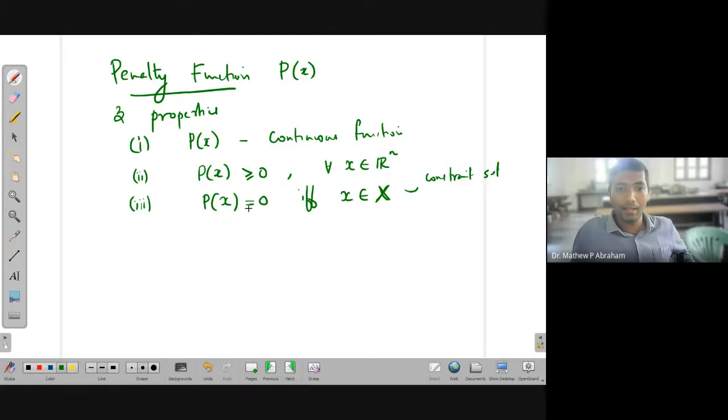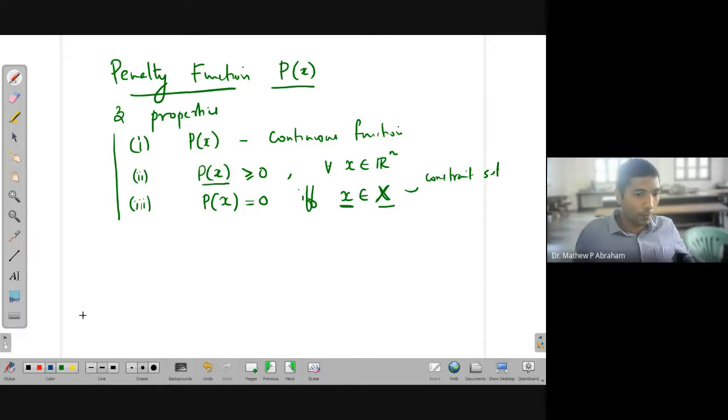Otherwise it can be positive. If x is outside the constraint set, it can be greater than 0. The penalty function cannot take a negative value. It can only take 0 or positive values. It is 0 if x belongs to the constraint set, and it can be positive if x does not belong to the constraint set. So any function which satisfies these three properties can be called a penalty function.